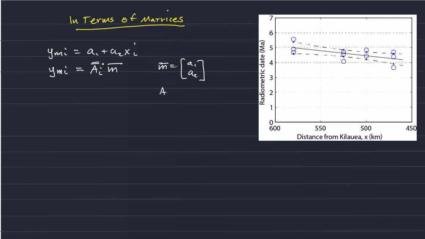I better write this as transpose because this is a row vector. It's the ith row of A.